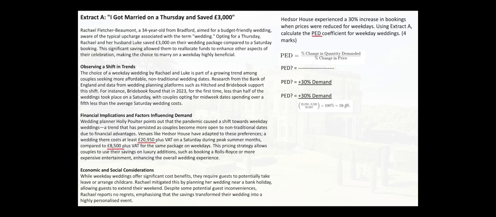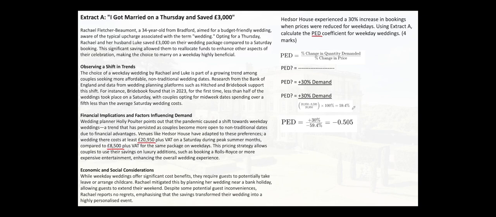We need to find the percentage change in price. We can see there's a 59.4% one there. And then we can work out the PED. Now, the golden rule in business A-level is 2 decimal places, unless the question stipulates differently. If you were to put down minus 0.505, it's still correct.